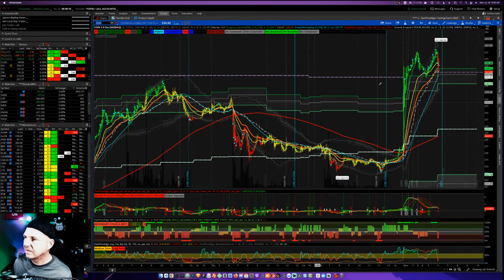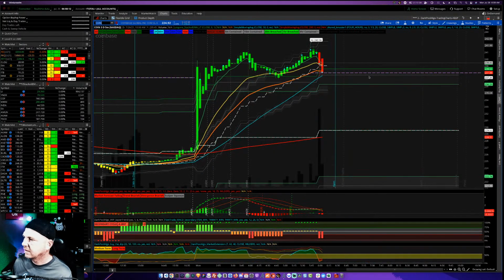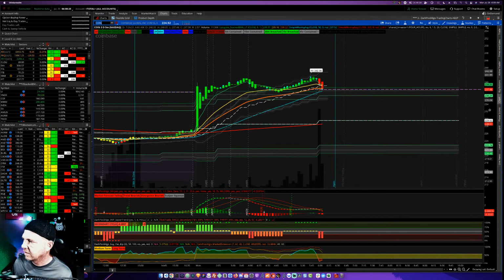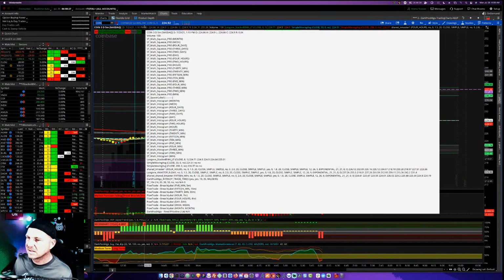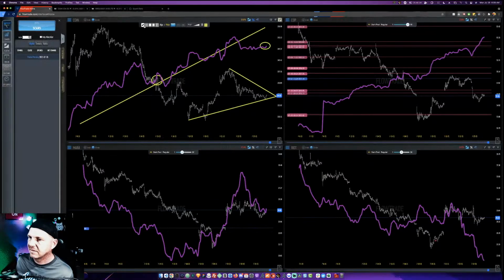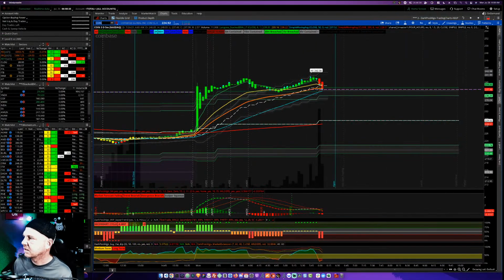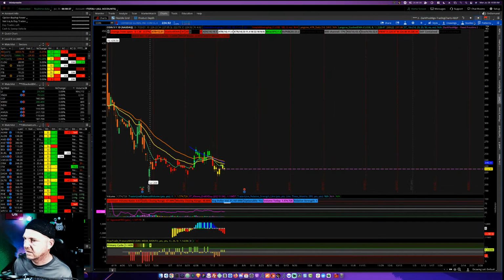All right, so Coin, nice move to the upside. We're bouncing off of the 50 SMA, 34 EMA, which is also the 4-hour top. So 237 is our support. What did I say for 260? Wow, that's a crazy move. Yeah, so I like us coming up and testing previous highs right here.